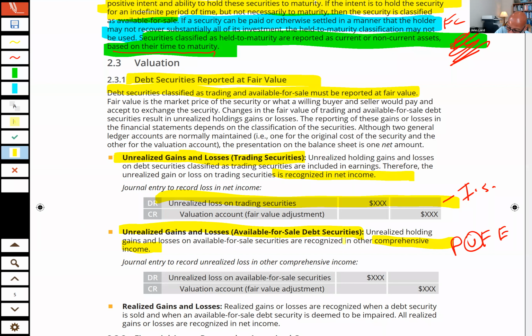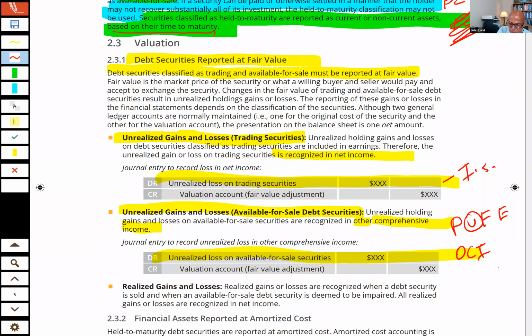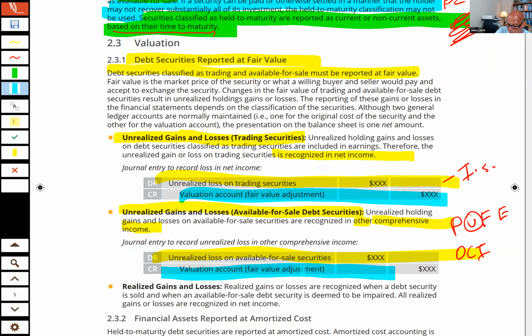You will literally debit the loss that's reported as part of OCI, and you will credit the valuation account for the fair value adjustment because you're writing that security down. The security is an asset, so you're going to credit the fair value adjustment. That's going to reduce the carrying amount of that security.